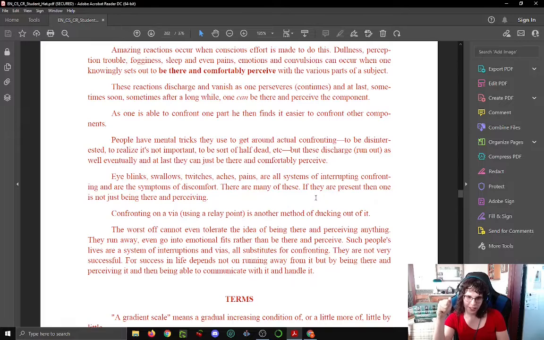Confronting on a via using a relay point is another method of ducking out of it. What do you mean confronting using a relay point? The worst, like a video camera?